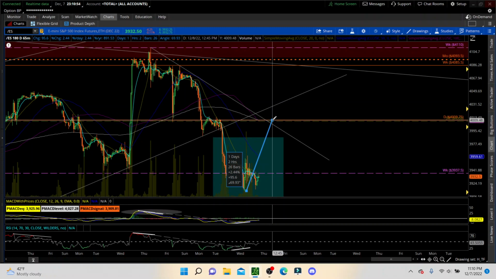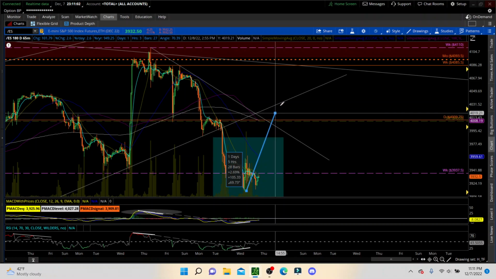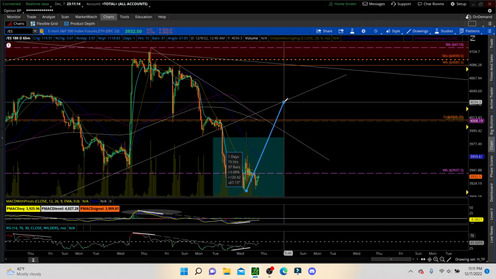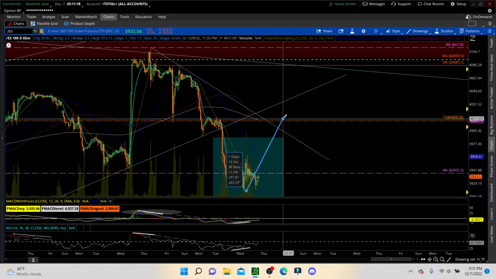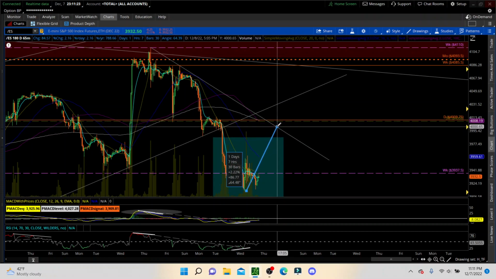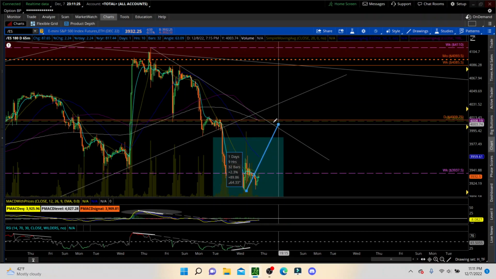We do have to get over to that 39.40 area to confirm this bounce is going to go higher. But we're looking at this 4,000 area, and if we just kind of probe above it, maybe we'll get to that back test of the downtrend line. It did not do that last time, so it's not guaranteed that we'll actually back test the uptrend line in particular, but it's still considered a back test even if we only make it to that 4,000 area or even below that.